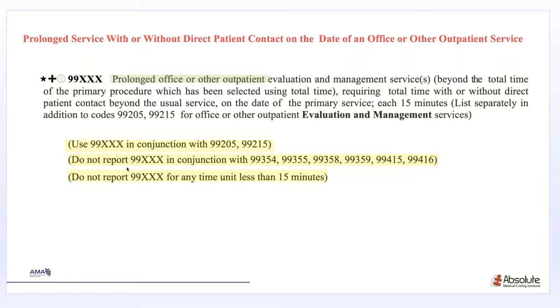Do not report. Also, do not report 99XXX for any time unit less than 15 minutes. So we are going to use this add-on code for each additional 15 minutes or more. And I believe that's it.